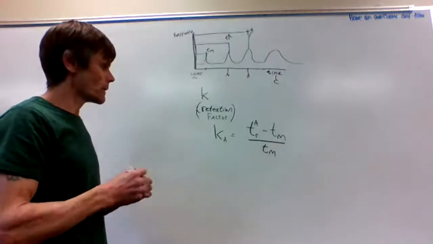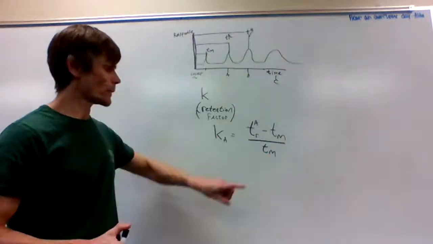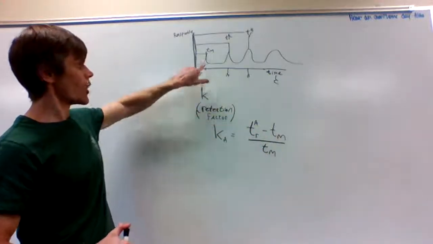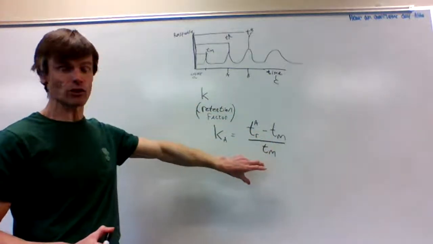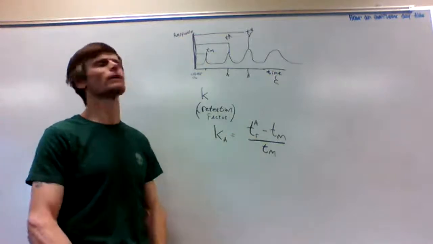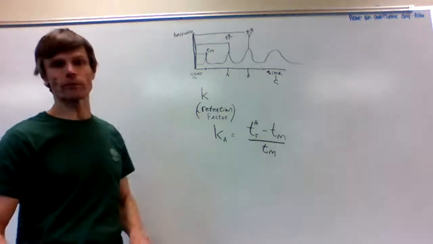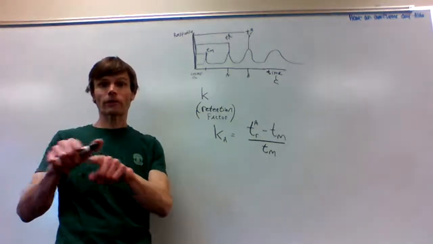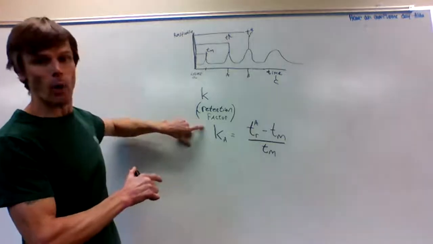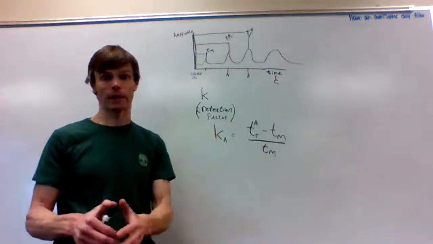For instance, if we change the length of the column, the retention time for our non-retained species is going to change, and so would the retention time for our species that we're using. But we can compare, using our retention factor, the relative efficiency of how one column separates under one length condition versus a different length.